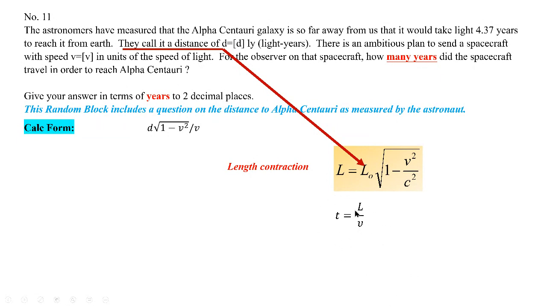And therefore, I can now say this time is this equation divided by v. The time that they are talking about, how many years, is L over v. And L was d times the square root of 1 minus v squared over c squared.